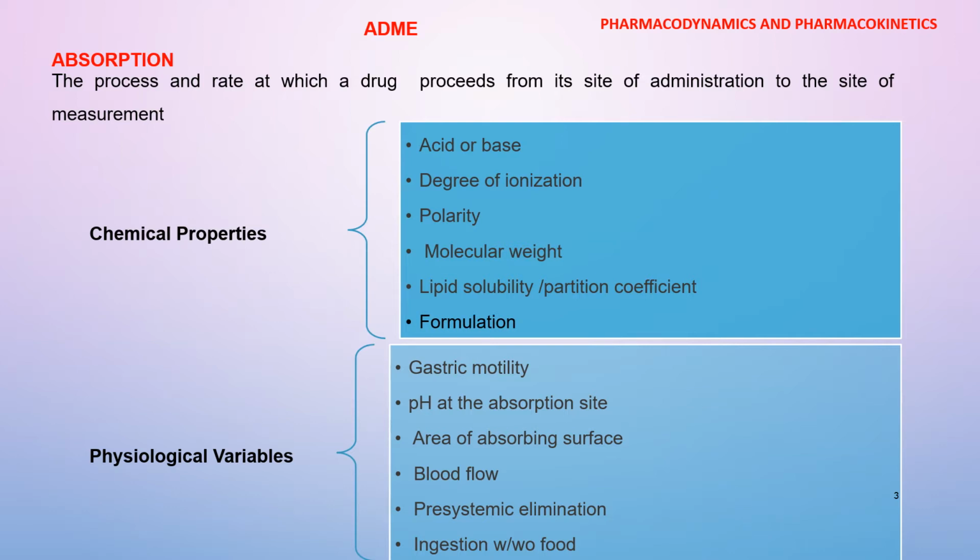Certain physiological variables that affect the absorption of drugs are gastric motility, pH at the absorption site, the area of absorbing surface, the blood flow, presence or absence of food in the stomach, and pre-systemic elimination.